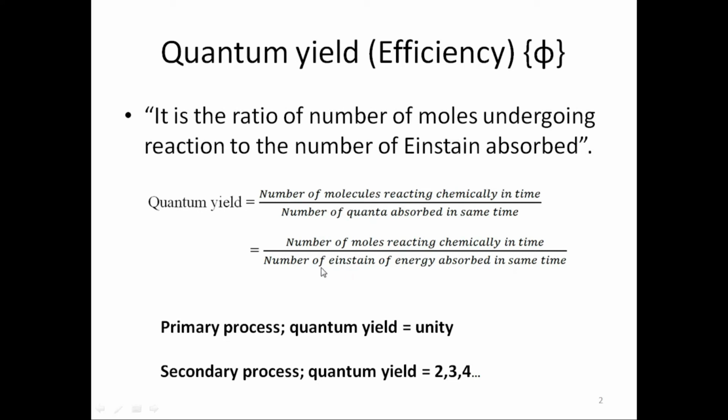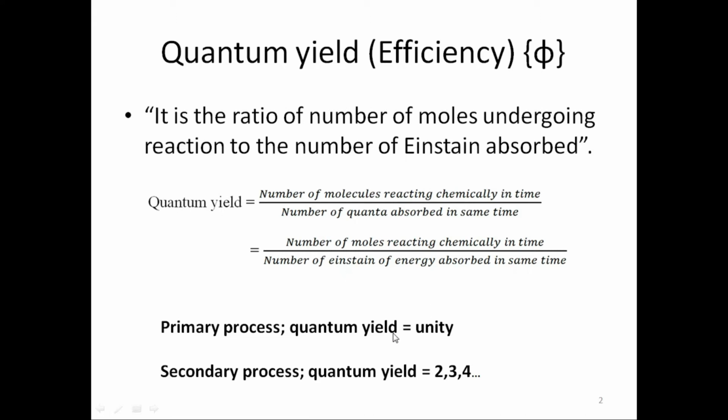But if it absorbs 1 Einstein of energy, then it undergoes 1 mole of chemical reaction. So each molecule needs 1 quantum of radiation and 1 mole needs 1 Einstein of radiation, and 1 Einstein means Avogadro number of quanta.